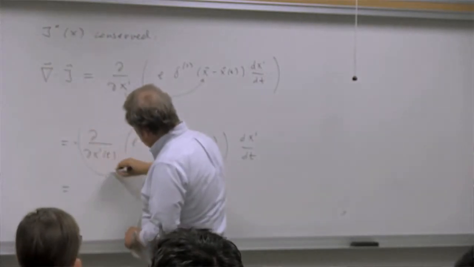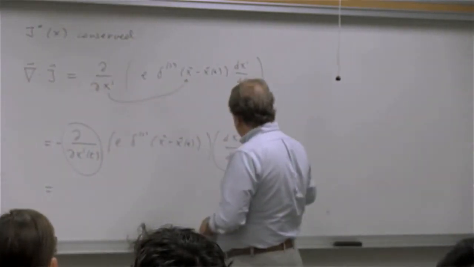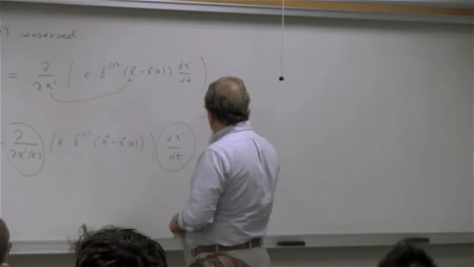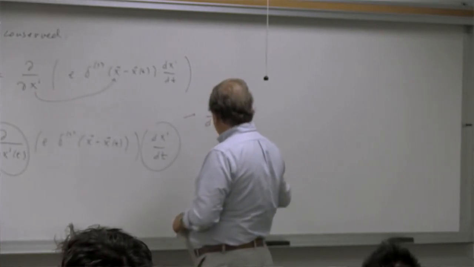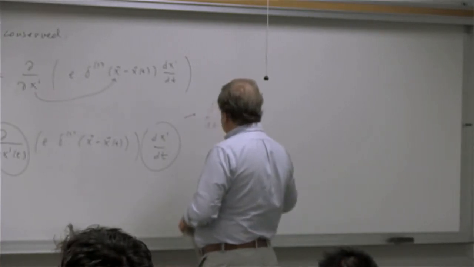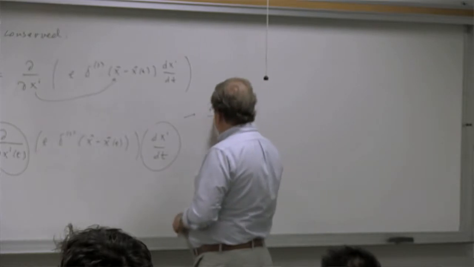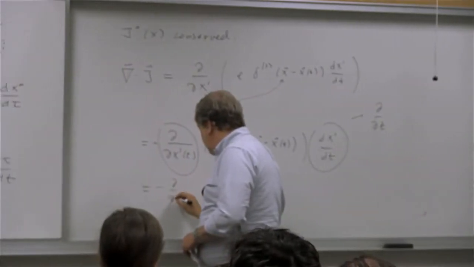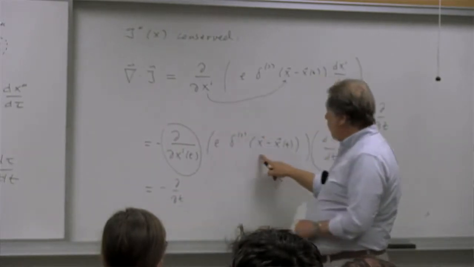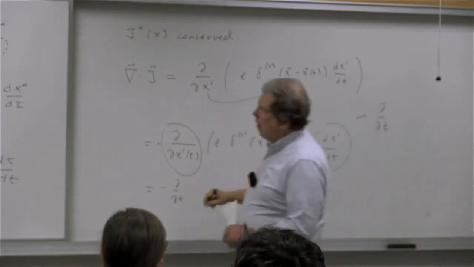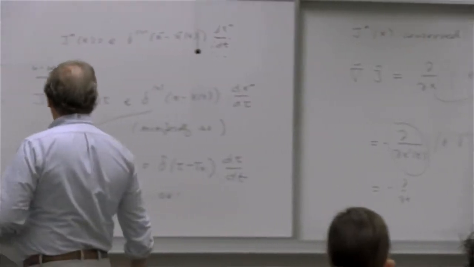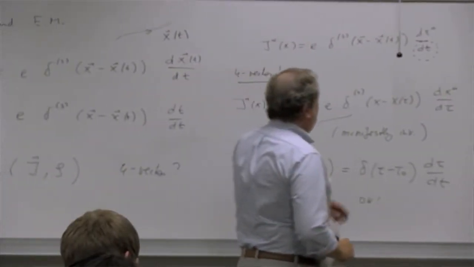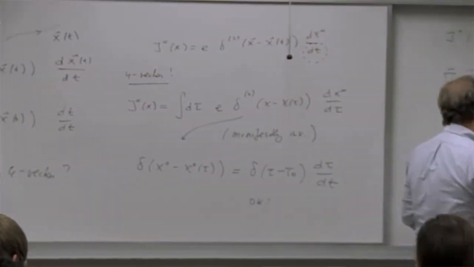In other words, this one and that one combine together to give just a partial d by dt. So this is equal to minus d by dt of what's left over, which is, of course, this piece here, and that piece is the rho, because the rho is just the zeroth component.